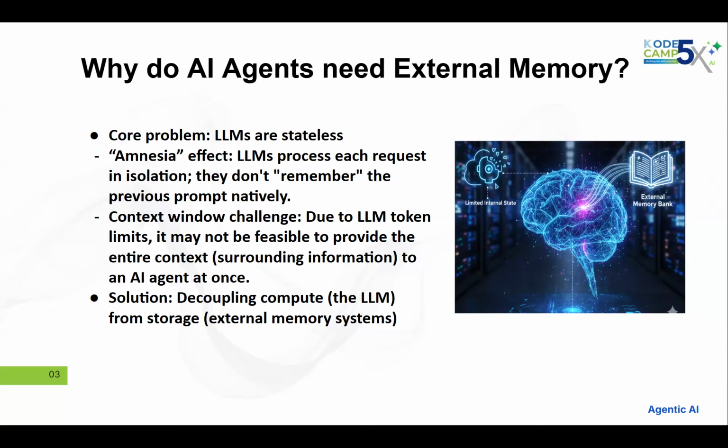They don't remember, and that's what I'm referring to here as the amnesia effect. Once an LLM finishes processing one request, it doesn't remember anything about that request when it's given another prompt. Each time you give an LLM a prompt natively, it doesn't remember the history. It treats each new prompt as a fresh thing, right?